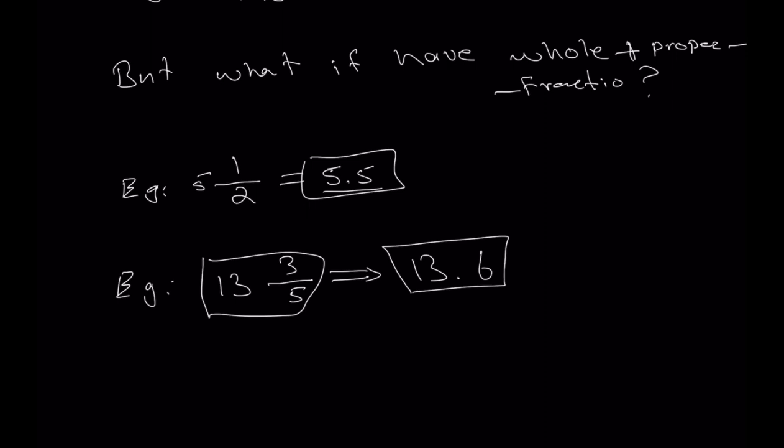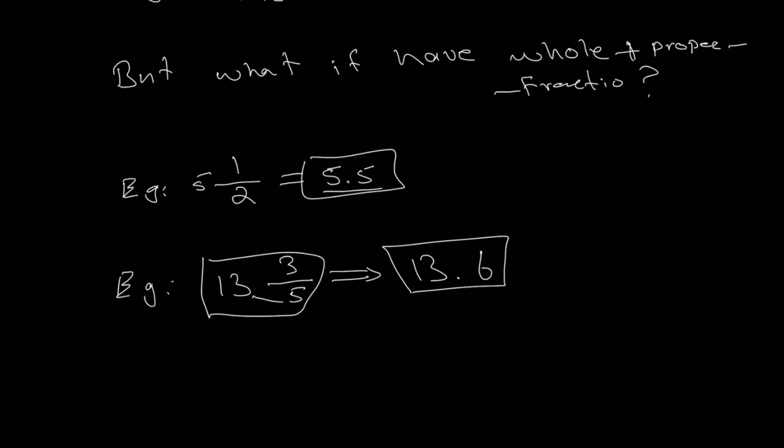Let me do it the other way. 13 plus 3 divided by 5 gives me the exact same thing. 13 times 5 plus 3 is 68, divided by 5, is 13.6. Yes.